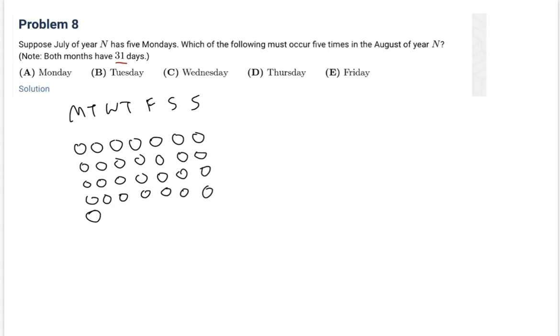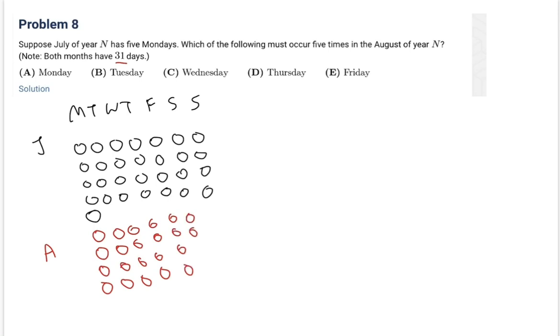So which of the following must occur 5 times in the August of the year n? So following this is July, right? And then August must also have at least 28 days, right?